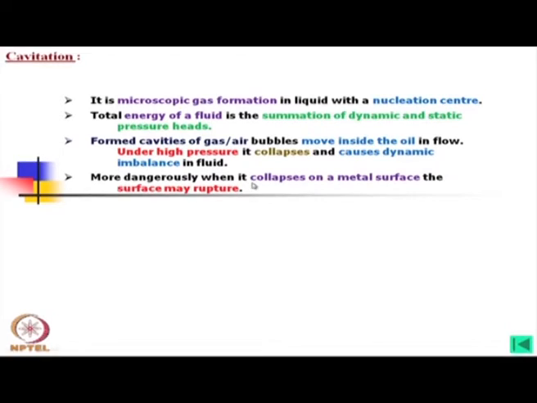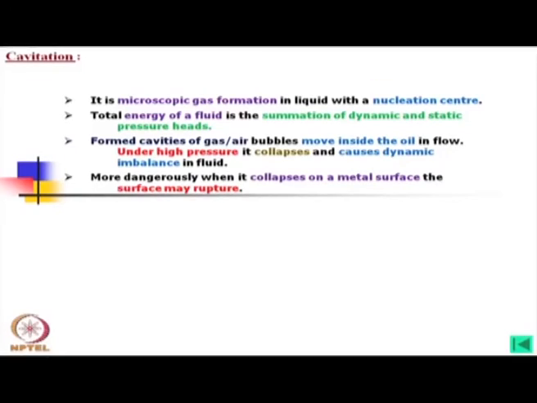More dangerously, when it collapses on a metal surface, the surface may rupture. In the case of, for example, a gear, you know the scuffing, the gear surface will rupture due to these local stresses. Here also, if the bubbles collapse inside the fluid, there will be dynamic imbalance, but if it collapses in the layer between the oil and the surface, it may rupture the surface.